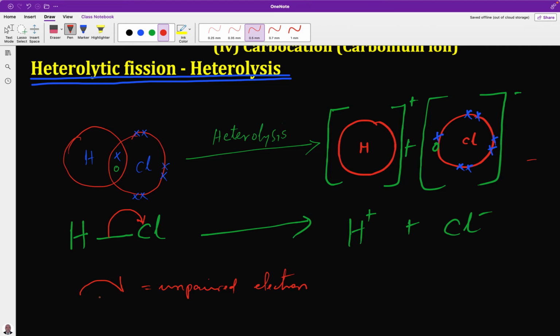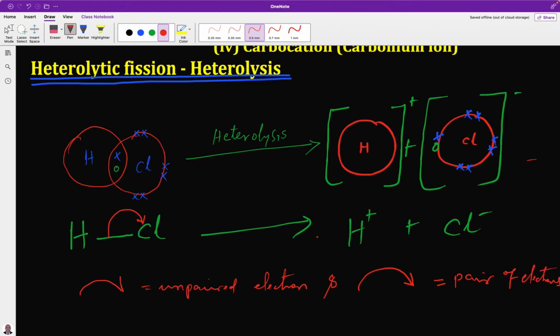If you see a curly arrow like this one, it is an unpaired electron. But if you see a full one like this, it shows a pair of electrons.